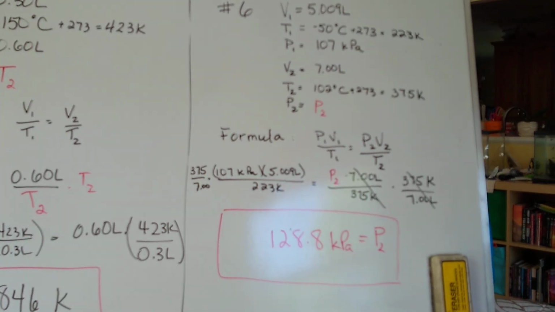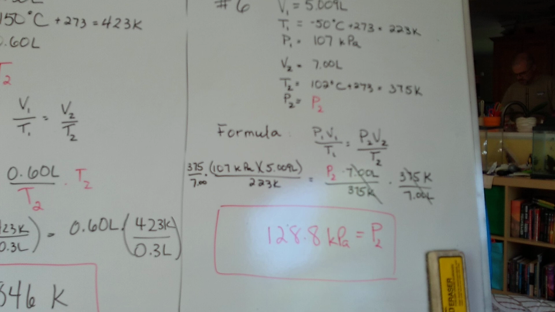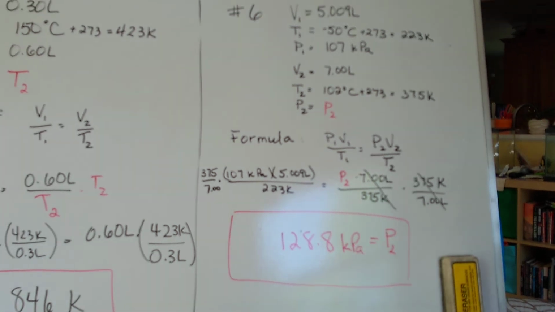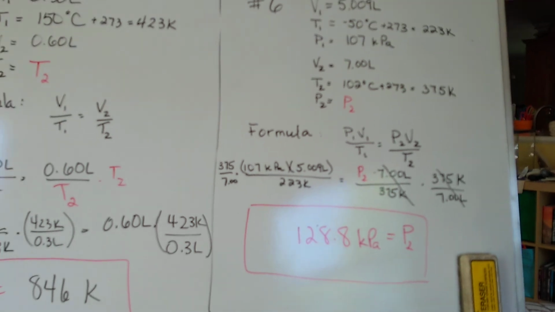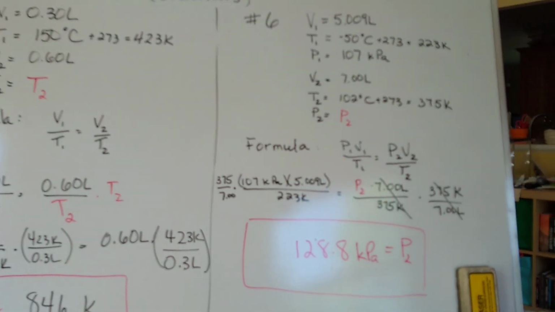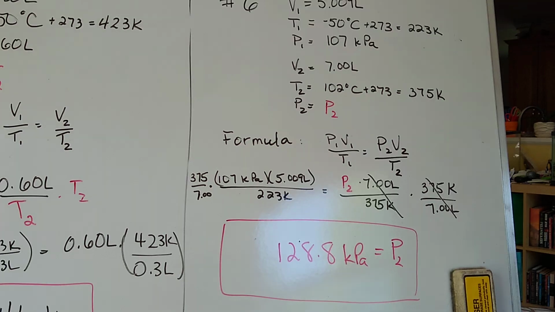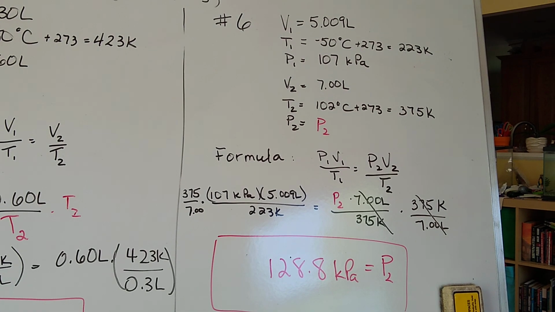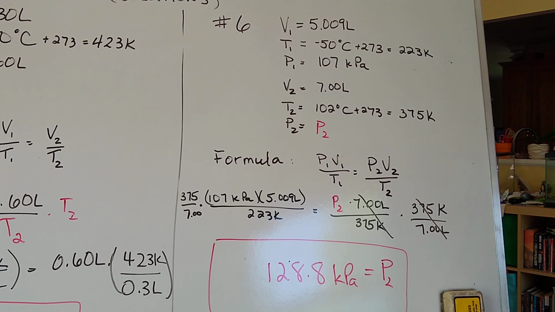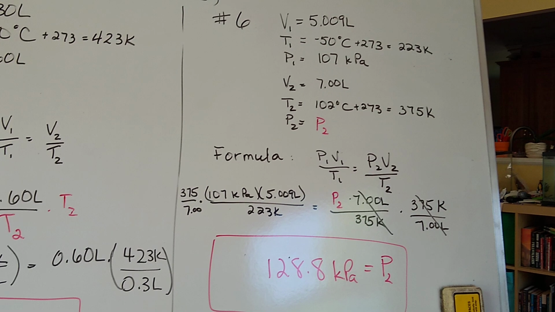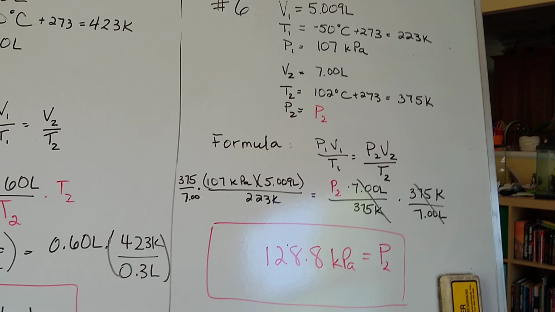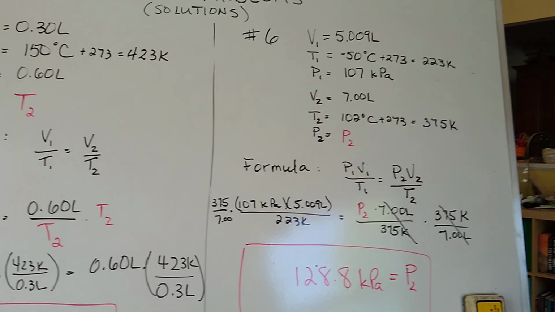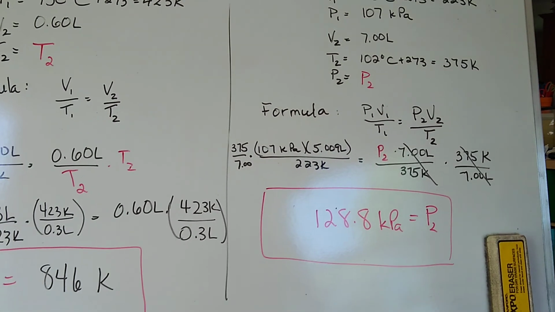And then, what will be the new pressure if the temperature is raised to 102 degrees Celsius? So that's a very big increase in temperature. And the volume is increased to 7 liters. So an increase in temperature will increase the pressure. An increase in volume will decrease the pressure. So what will our answer be?